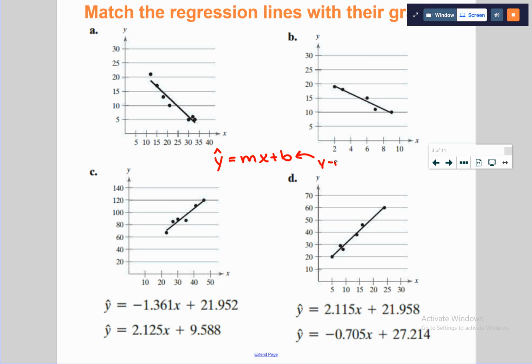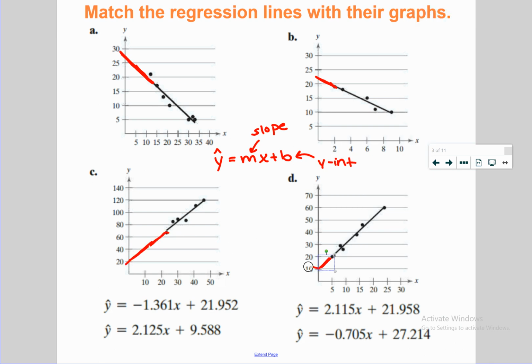B is the y-intercept, so it's where it's touching the y-axis. M is our slope, or our rise over our run. These lines are not actually touching the y-axis, so what I would recommend on your paper is to, the best you can, sketch those lines, extend them a little bit so you can see that y-intercept. It's going to make the matching piece a little bit easier. Something like that.